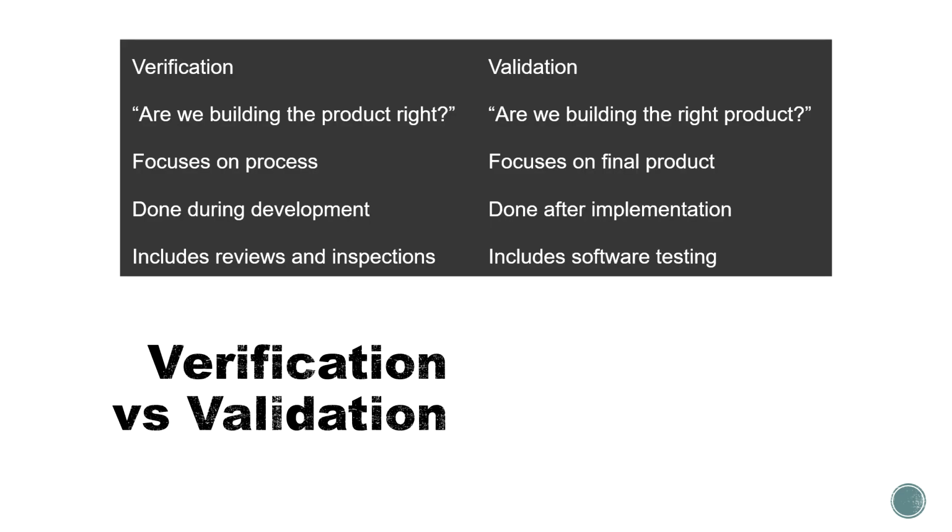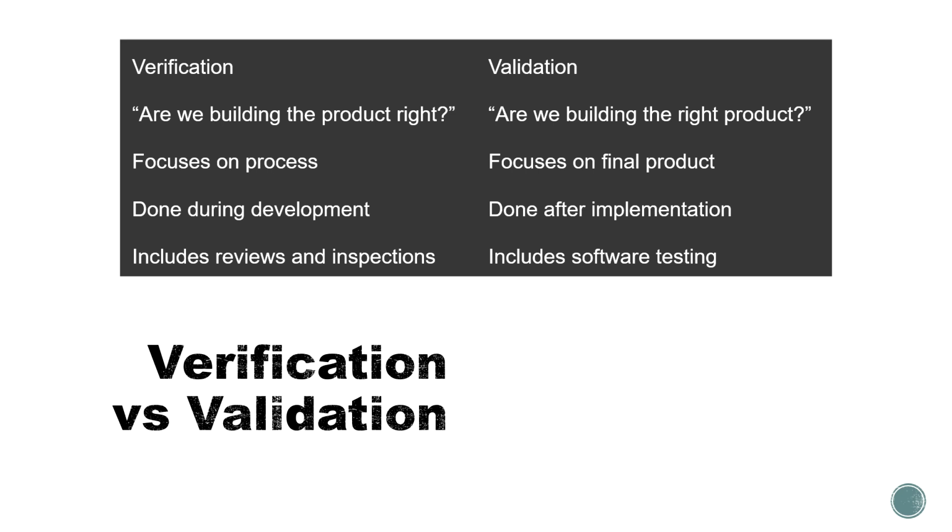So first of all, try to understand, on the left side we have the verification phase and on the right side we have the validation phase. Verification activities basically focus on the question, are we building the product right? Are we doing the correct activities? It focuses on the process of development.